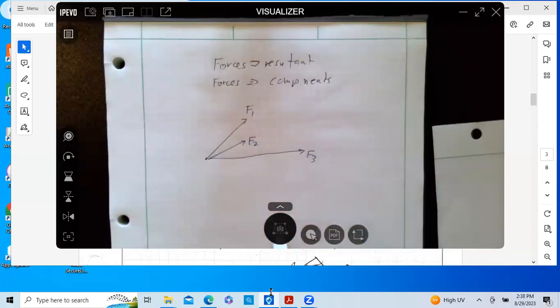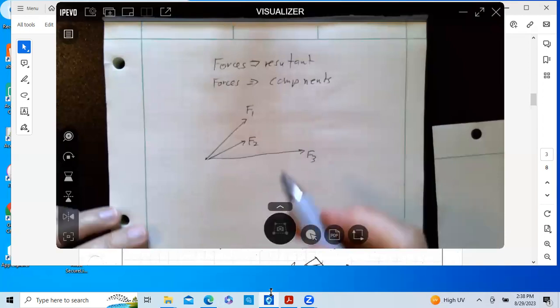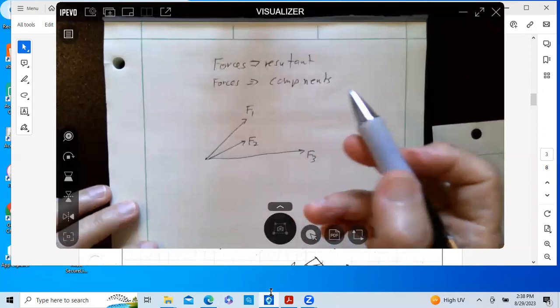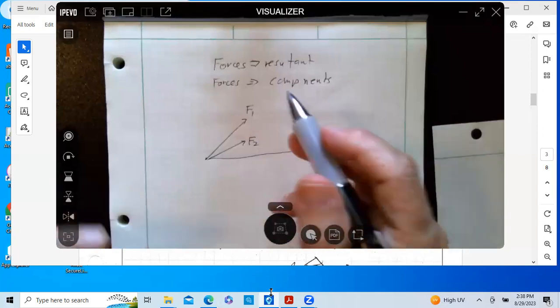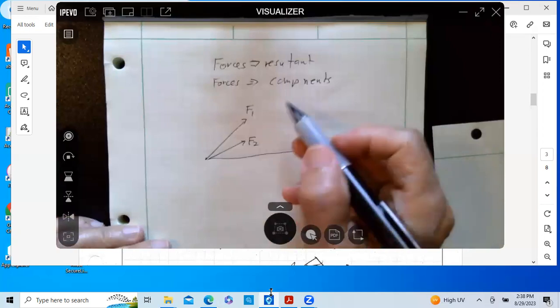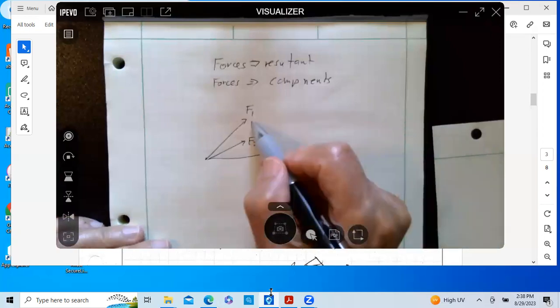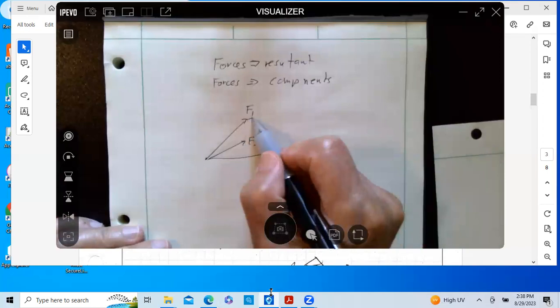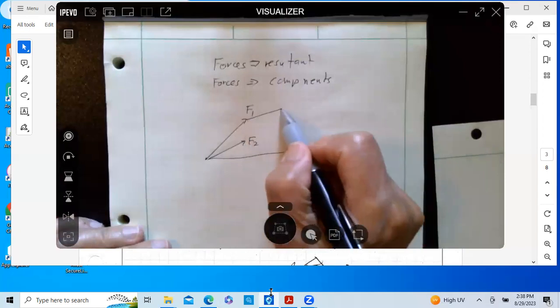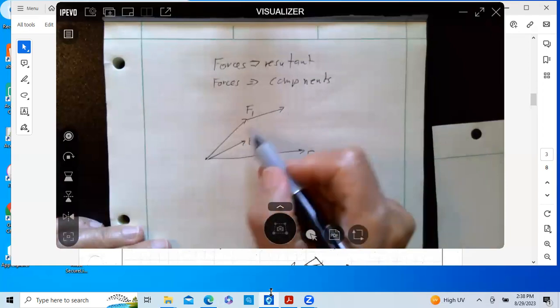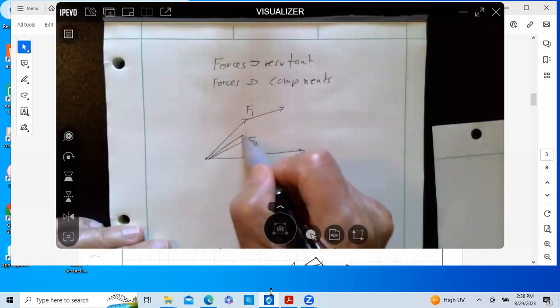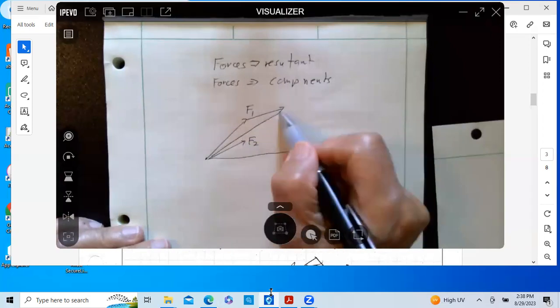And what I want to do is get the result. I want to add these forces together. So if I go back to vector operations, I can use the triangle rule. I have 3 forces, so I have to do this incrementally. So I'm going to take F2, add it to F1, and what I can determine is a resultant one.